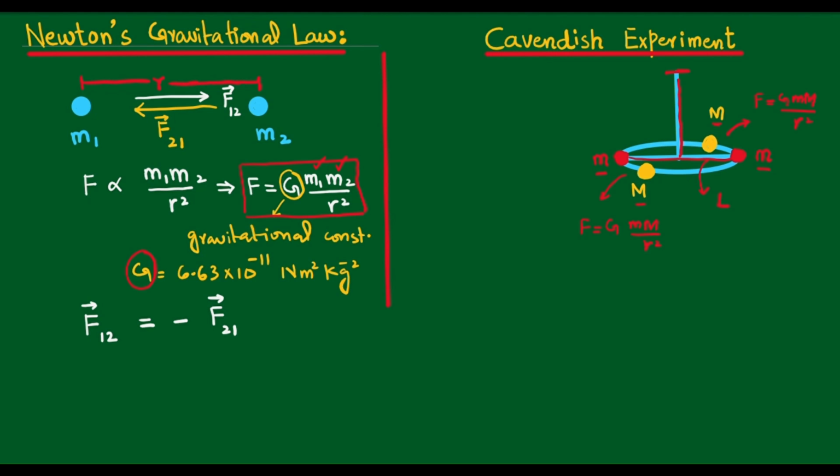Because of these two forces, which are equal in magnitude but opposite in direction, the string will be twisted, and there is a torque acting on it.